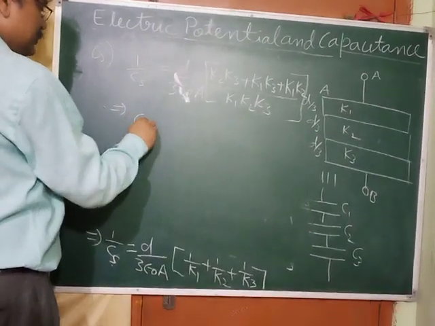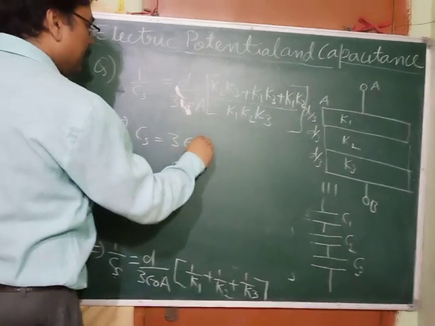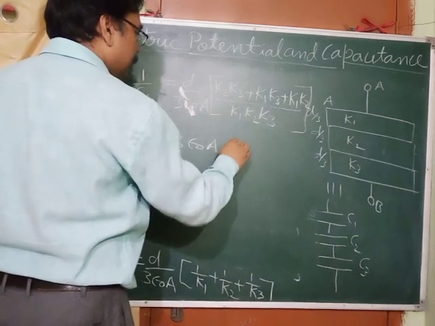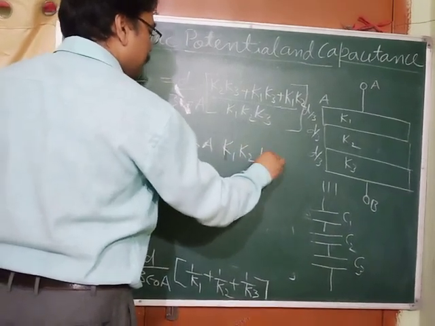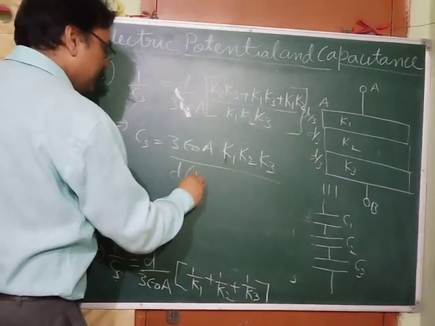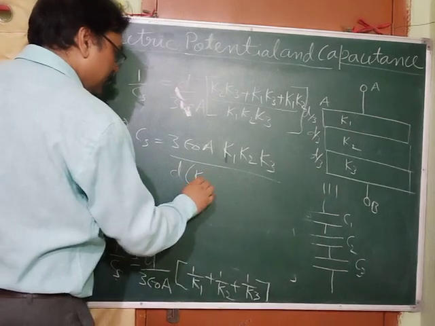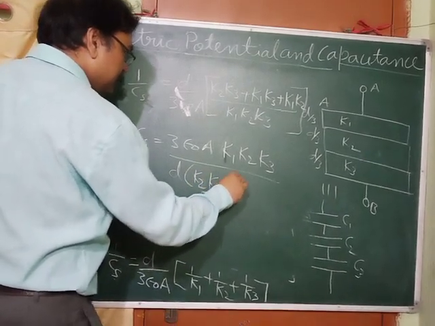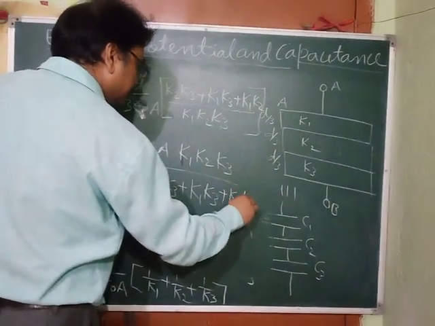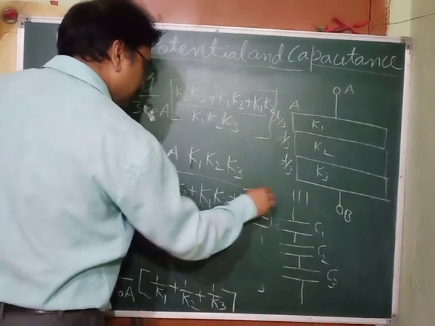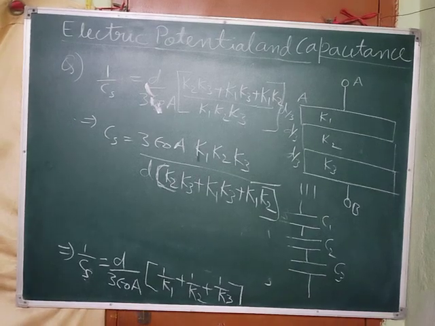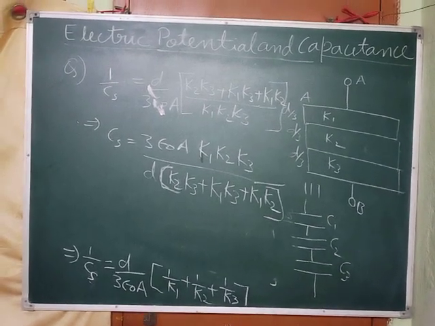So this implies that Cs is equal to 3 epsilon naught A, K1 K2 K3 in the numerator, and in the denominator d, and inside the bracket we have K2 K3 plus K1 K3 plus K1 K2. Okay, this is the result. Note it down. Final result.